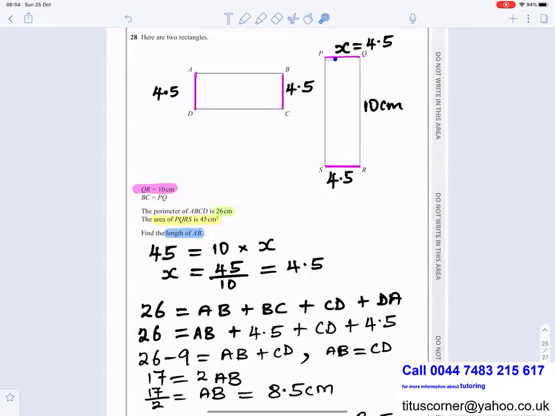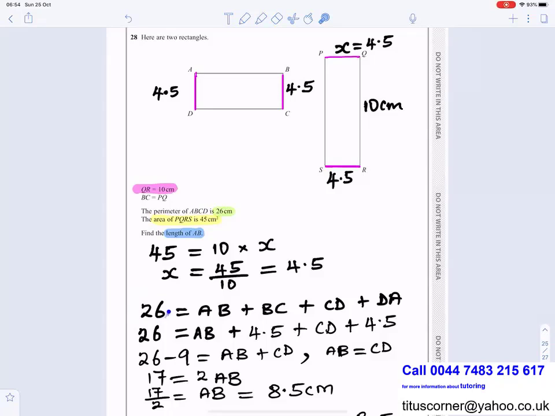So 10 times 4.5 gives you 45. Now, since PQ is equal to BC, that says in the question, BC is equal to PQ. You transfer that 4.5 to this part as well. BC is 4.5. BC and AD are the same, 4.5. Now, we want to work out AB. We use the information for perimeter.